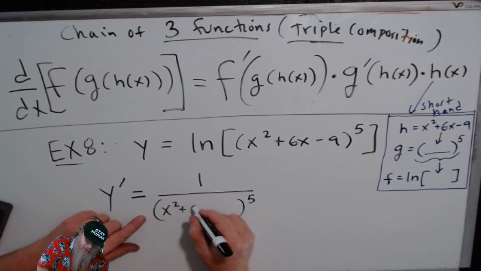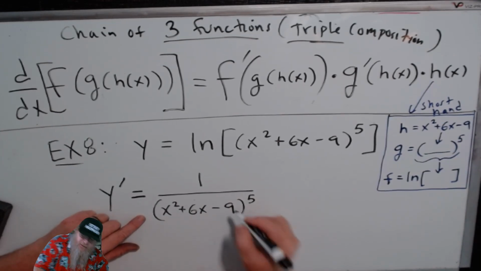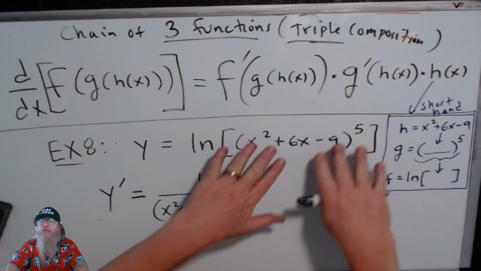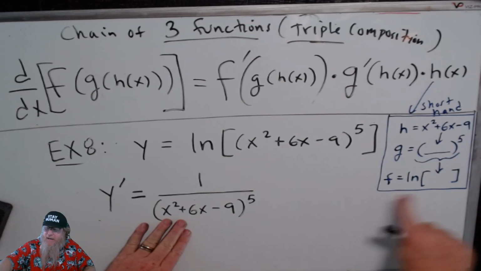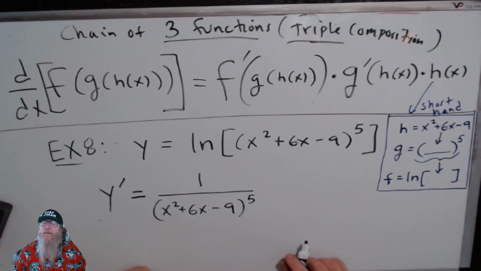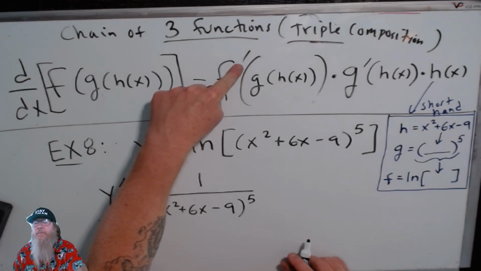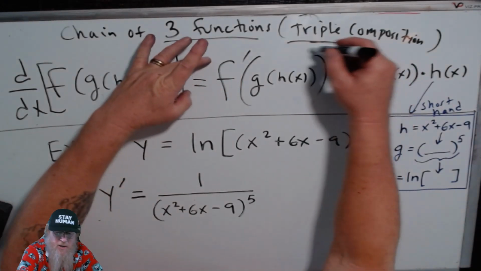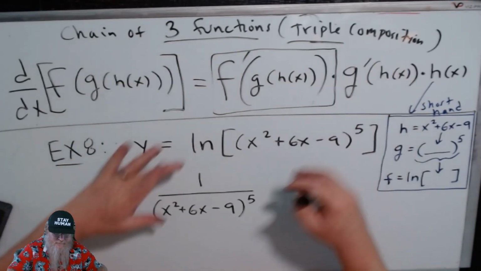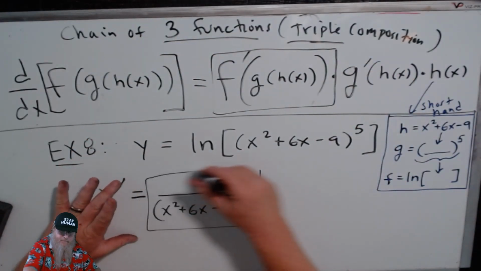Don't change any of the terms. It's this whole function put right into the denominator right here. All right, so that's your f prime. So this represents all of this right here. That's this one right here.